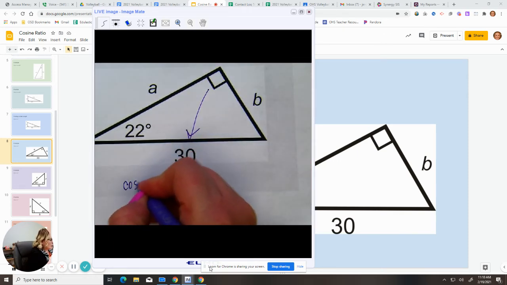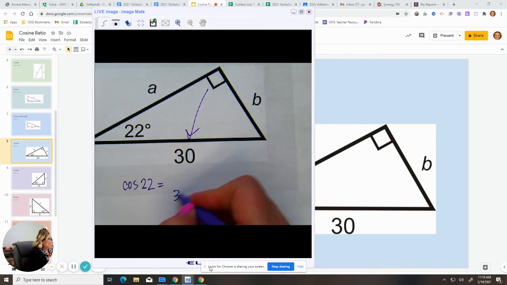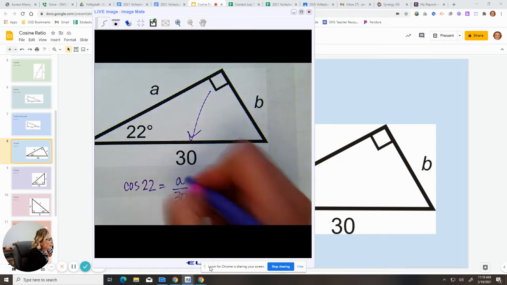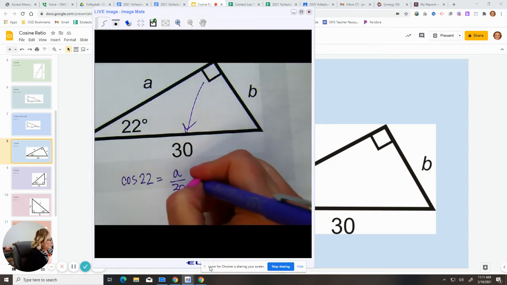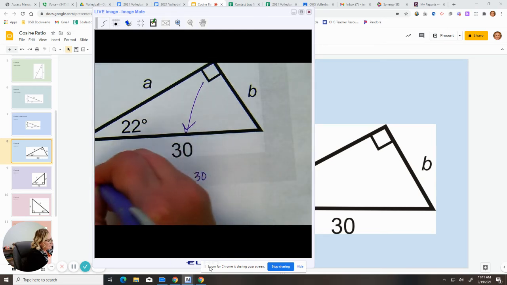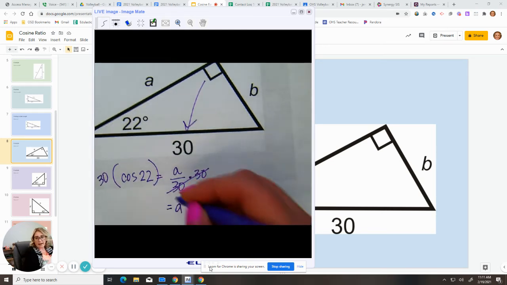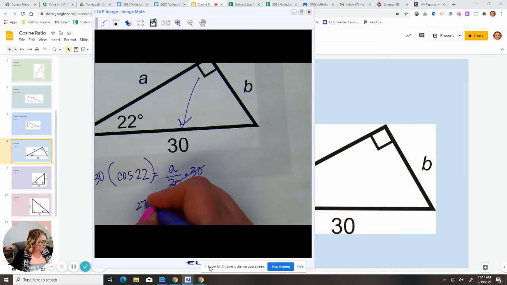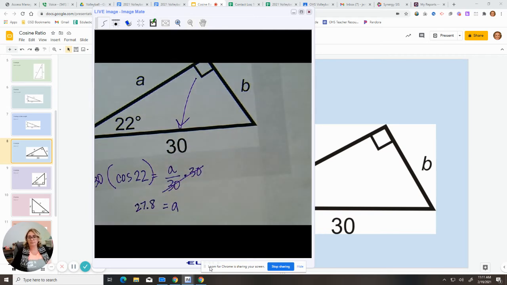So we would have the cosine of 22 equals, we know the 30 is on the bottom, it's the hypotenuse, and the side touching our angle is A. So in this case, we have to multiply both sides by 30, and we get A is equal to the cosine of 22 times 30, 27.8. So when we're solving for the adjacent side, you're multiplying. When you're solving for the hypotenuse, you are dividing.